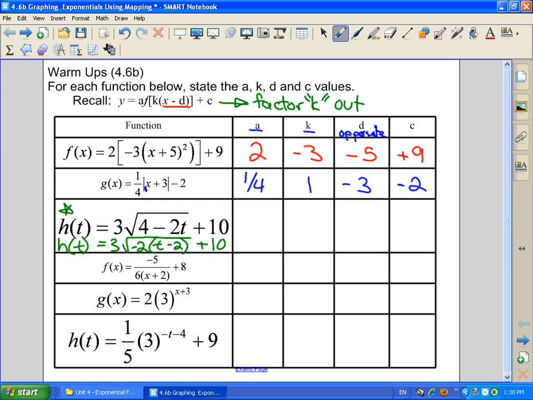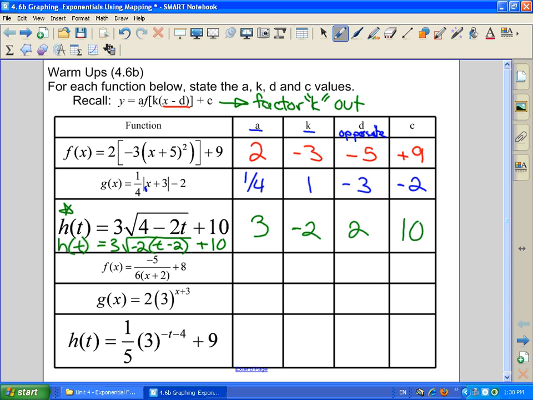Just remember, if you don't factor out the K, it affects your D value as well. All right, so now that we've got it factored out, A is the number out front, which is 3. K is the number that's right beside the variable, usually X, but in this case it's T, so -2. Taking a look at D, D is 2, inside the bracket, and C is the number out front, which is 10.